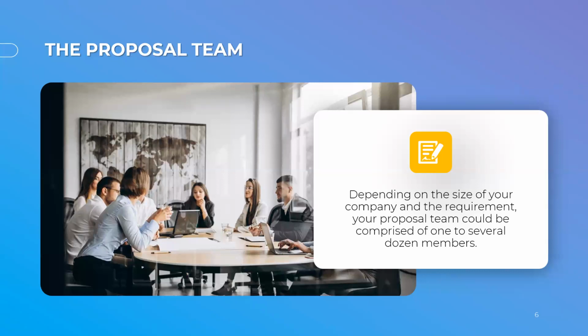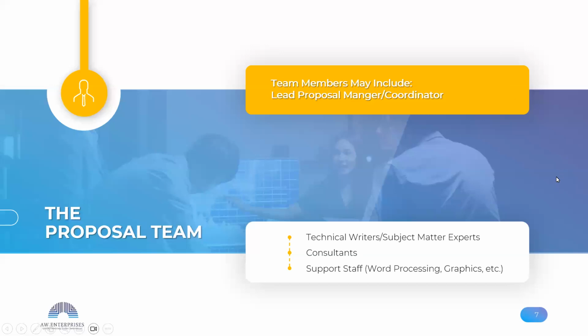Then I encourage you to add them to your proposal team to help develop a compliant winning proposal. Okay. So depending on the size of your company and the requirement, your proposal team could be comprised of 1 to several dozen members. Okay. So let's talk about that a little bit. These are some of the people that you could include on your proposal team.